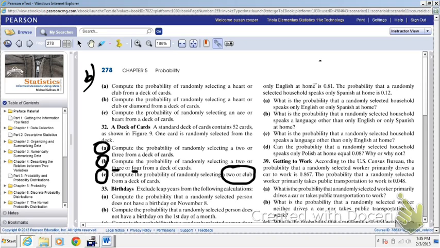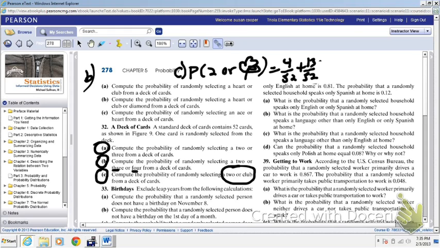So, for part C, the probability that I get a 2 or a club, by the way, kind of looks like a clover. Can't draw with this pen very well. But that's 4 out of 52. And then there's 13 clubs, so 13 out of 52. But then you got to subtract out the 2 of clubs.